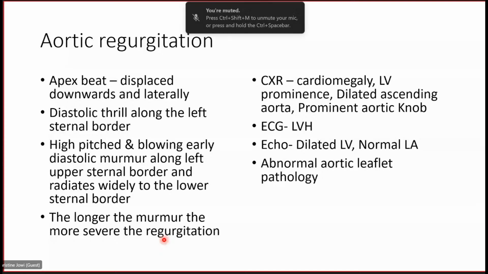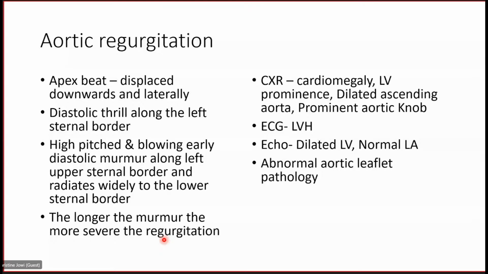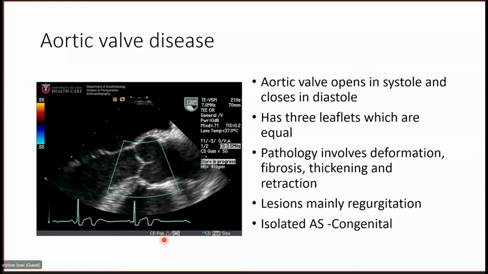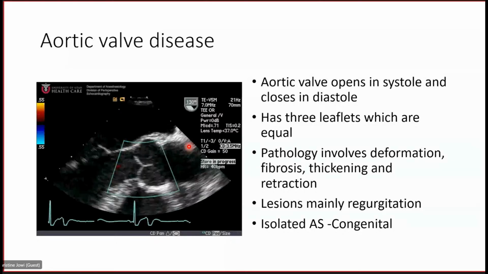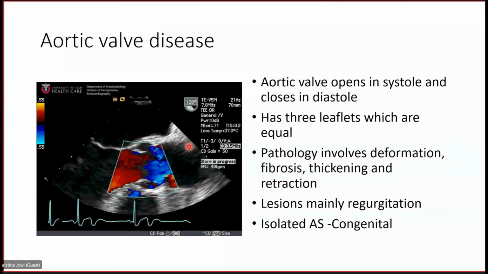Unlike mitral stenosis, that murmur starts the moment the valve closes. So the moment this valve closes, the murmur starts. So the murmur of aortic regurgitation is an early diastolic murmur.